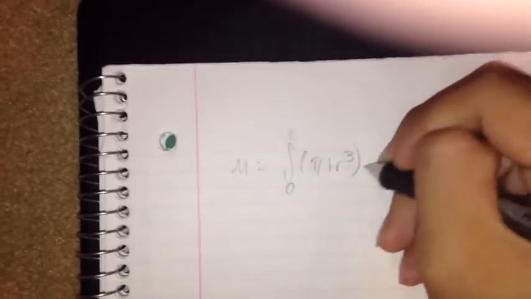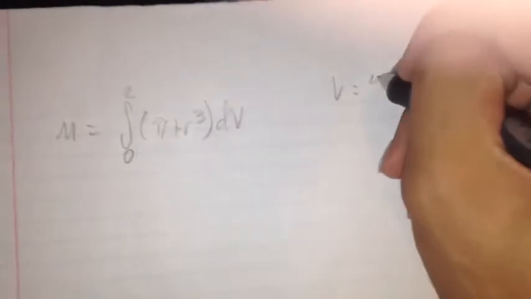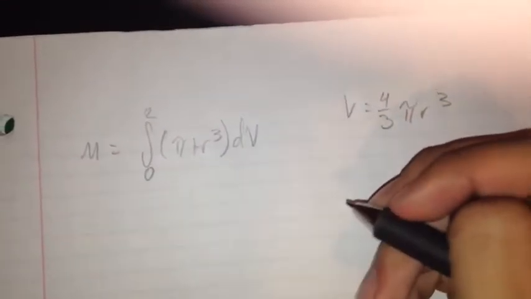So now I need to calculate the mass of the sphere. The sphere has a radius of 2, so the integral will be m equals integral from 0 to 2 of the density function pi plus r cubed dv. Now, volume of the sphere is given as v equals 4/3 pi r cubed. So in order to get dv, we have to take the derivative with respect to r.